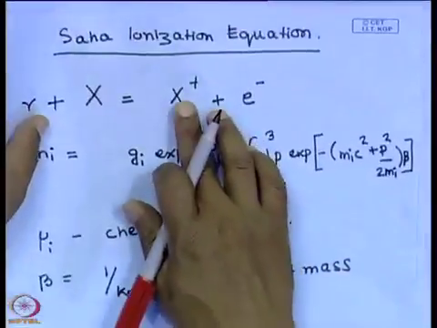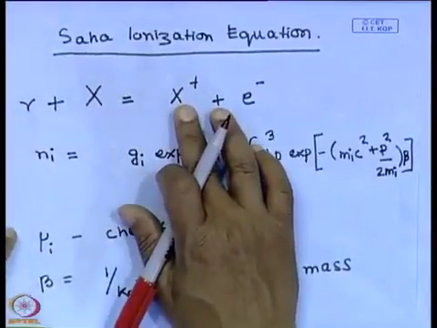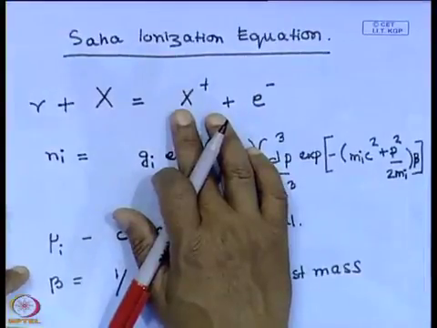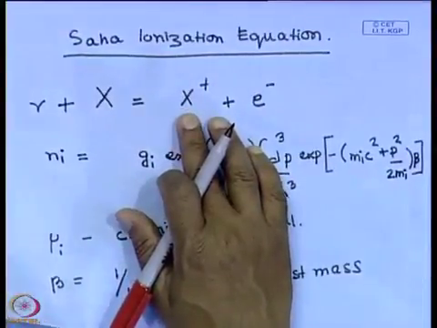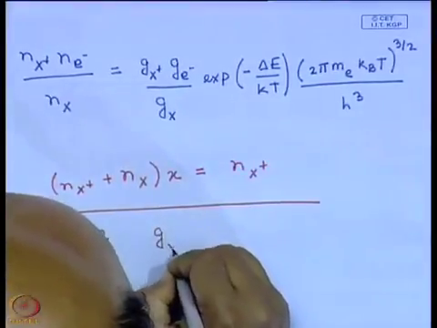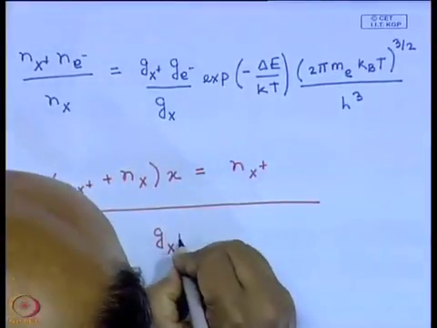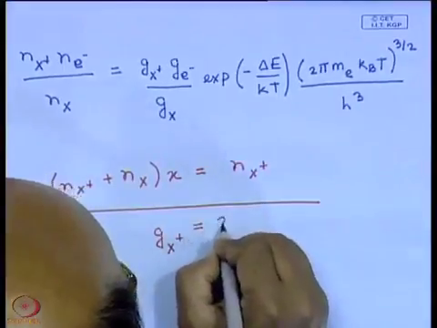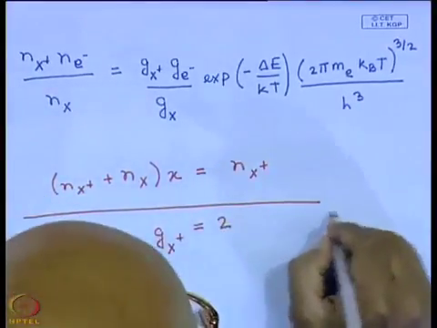The hydrogen ion is a proton, which again is a spin half particle. So, that too has a spin degeneracy of 2. This is for hydrogen.